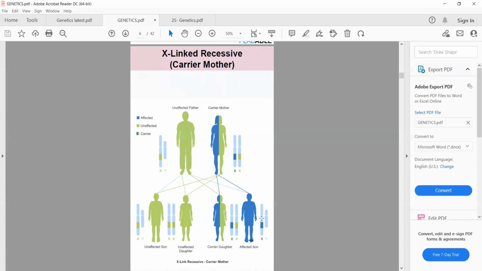But in the case of males, there is only one X chromosome. So males have only one copy of the genes that are present on the X chromosome. There is no second copy.